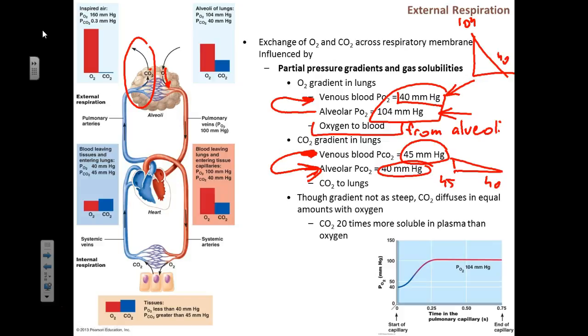That's why the carbon dioxide exchange, despite not very steep gradient of partial pressures, occurs at the same rate as the oxygen exchange. So difference in solubility allows CO2 to diffuse across the membrane faster, despite the fact that the concentration difference is less steep.